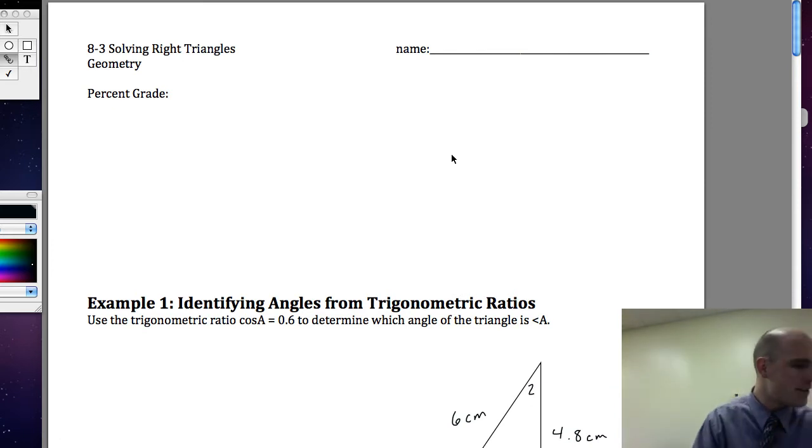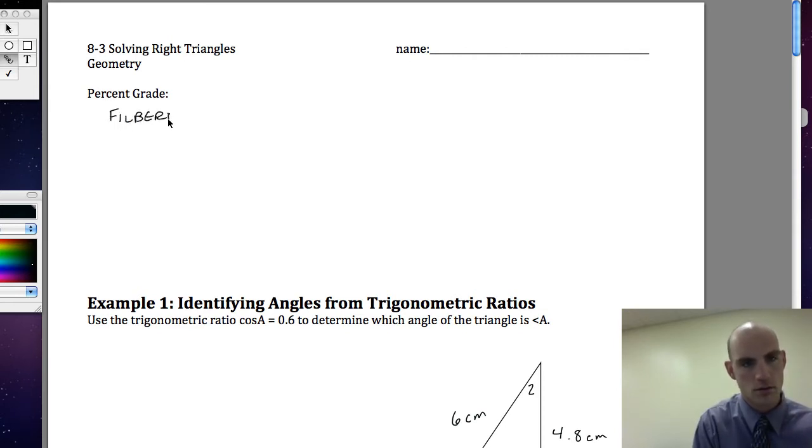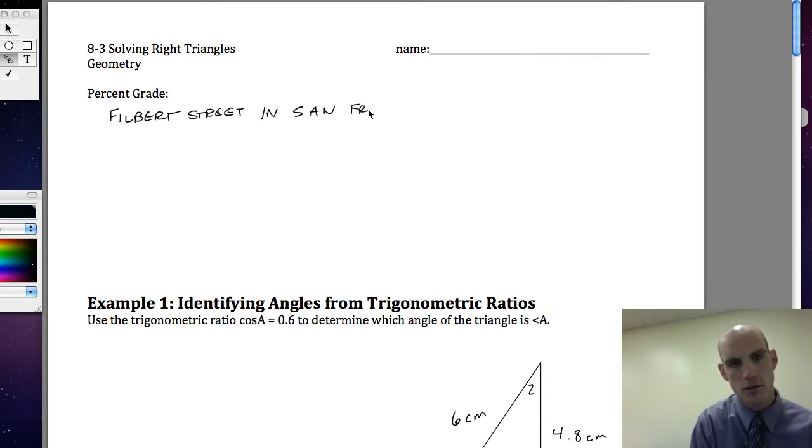Well, percent grade and angle of elevation are really very related. And so if we have Filbert Street in San Francisco, it has a 31.5% grade.